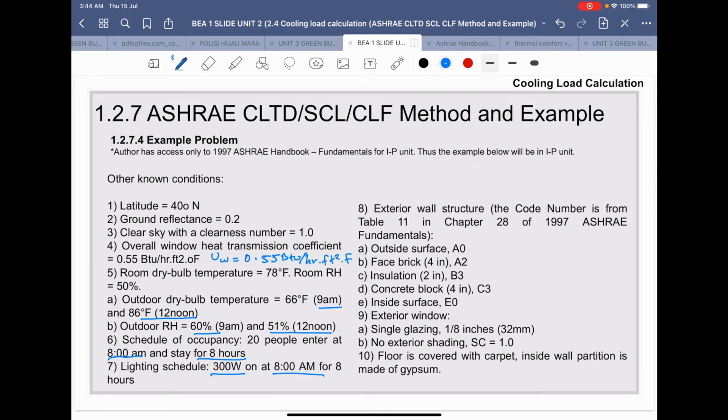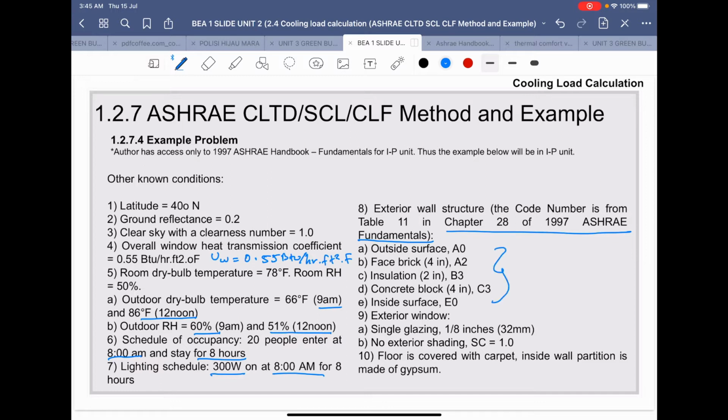For the exterior wall structure, we can refer to chapter 28 of the 1997 ASHRAE Fundamentals. As you can see, the layers of the wall, for example this east facing wall for this classroom: there is A0, outside surface, A2 face brick, B3 insulation, C3 concrete block, and inside is E0, inside surface.